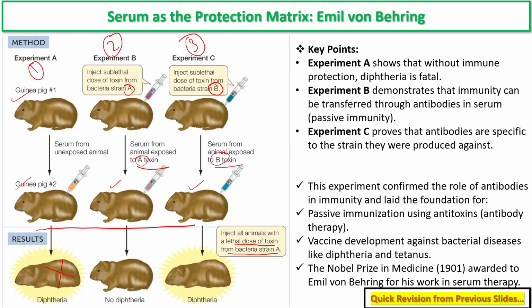In case 3 it also died because it had the antisera for toxin B, but it was injected with bacterial strain A. Only the second animal lived because it was initially exposed to toxin A. You can check this in detail from the initial video. The basic concept from this experiment was that he confirmed the role of antibody in immunity. He said that there are some antibodies or sera produced which are responsible for providing immunity to the guinea pigs.